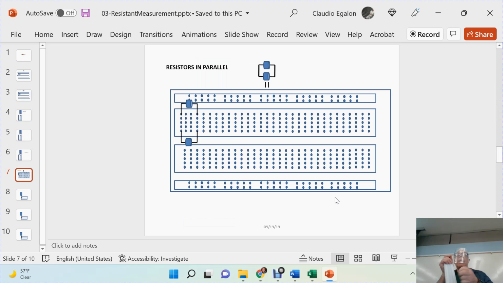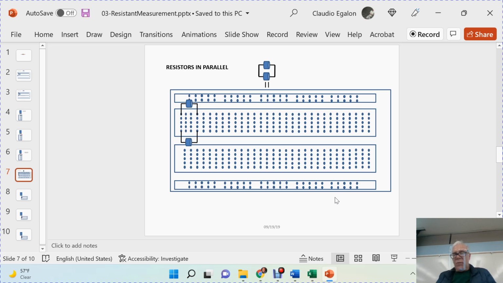How do you connect resistors in parallel? You connect resistors in series like that, right? That you already know. Parallel is just exactly what the name says. You connect the two ends of the resistors to each other. That's resistors in parallel.